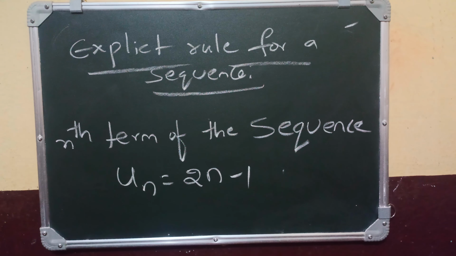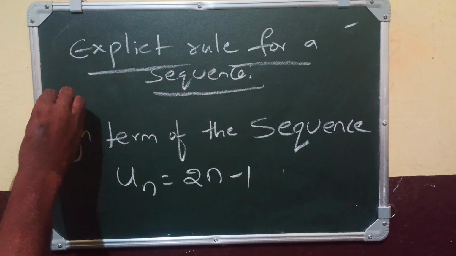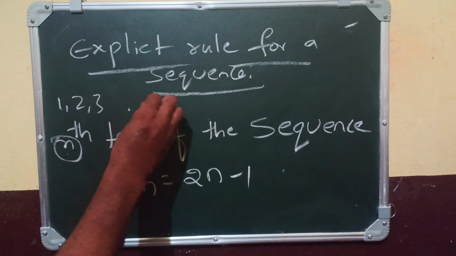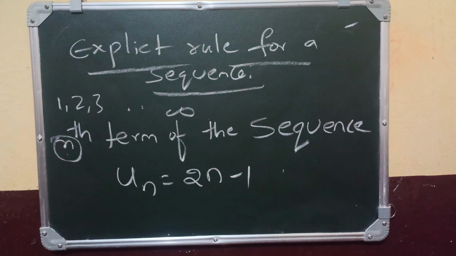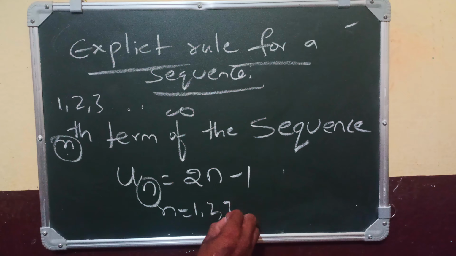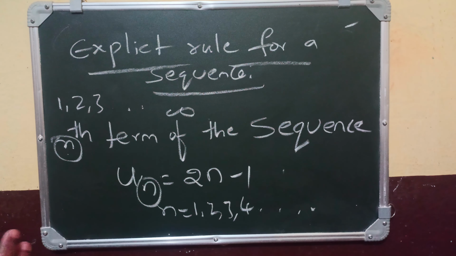This we have to keep in mind compulsorily. Whichever term we are going to find, in place of n, whichever number from 1, 2, 3 up to infinity, we substitute all the natural numbers in the nth term of the sequence, that is un equals 2n minus 1.